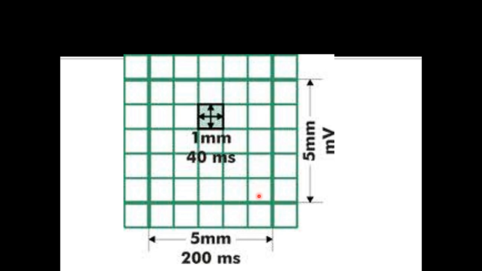So one small box equals 0.04 second and one large box equals 0.2 seconds. And along the y-axis you can see one small box equals 0.1 millivolt and 5 small boxes, that is one big box, equals 0.5 millivolts. So this is the standardization of ECG.